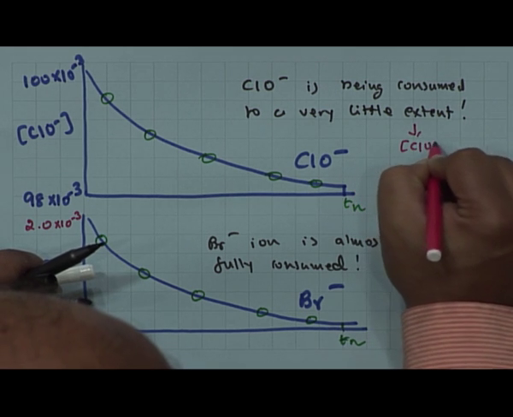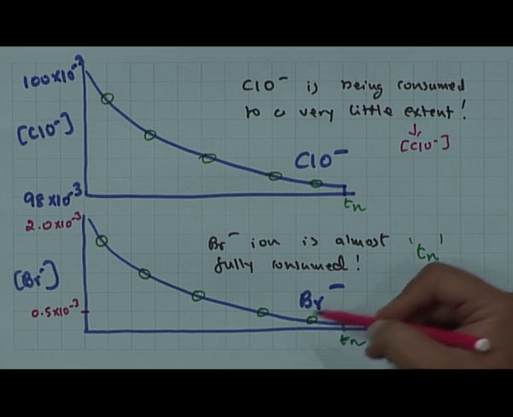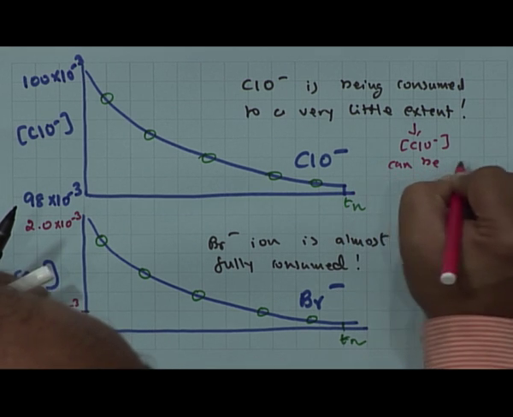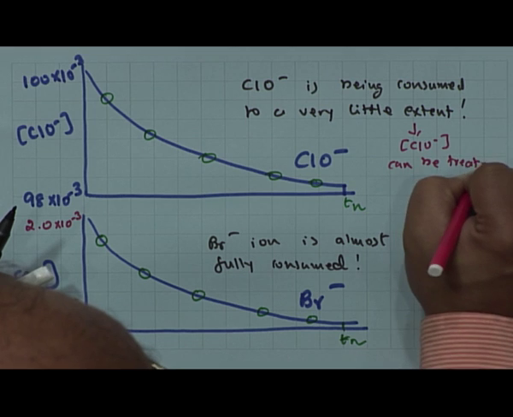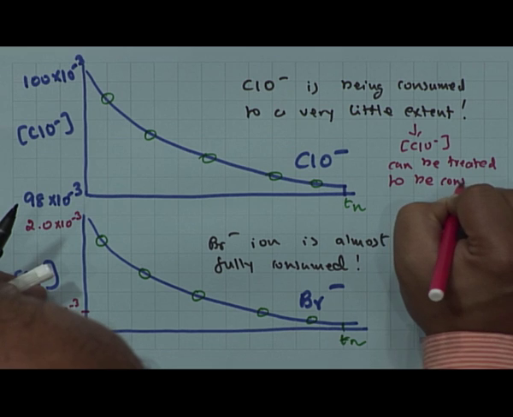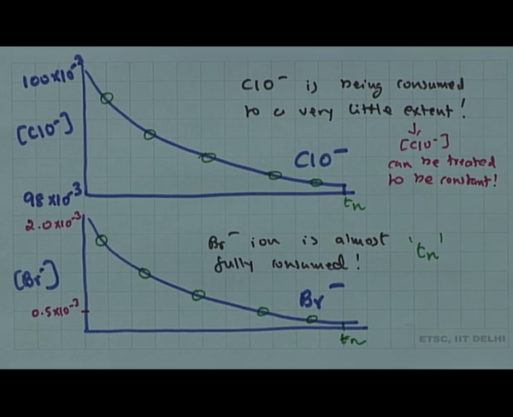And if that is so, we can say that the concentration of ClO minus, with respect to the concentration of bromide, can be treated to be constant, and this is what the subsequent parts of the discussion would rely on.